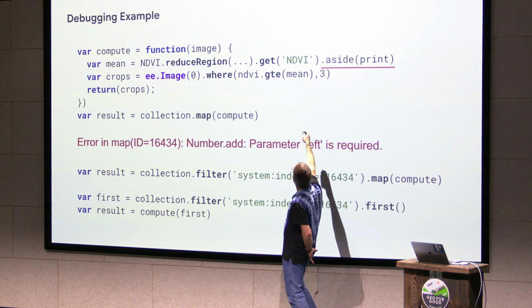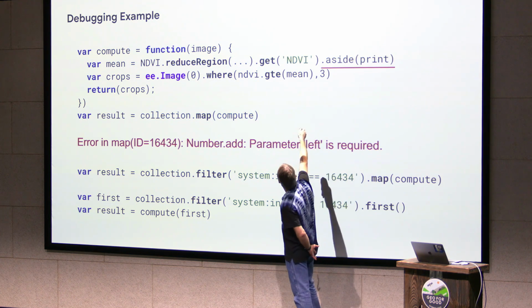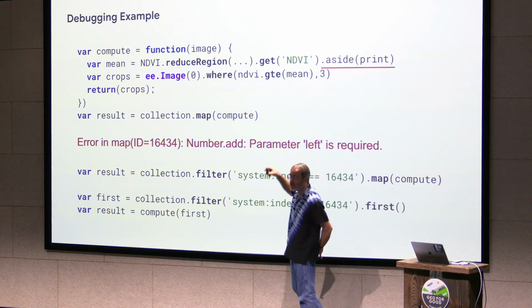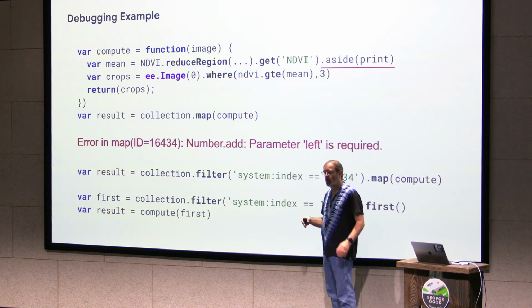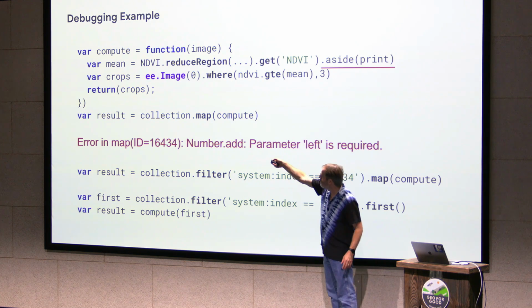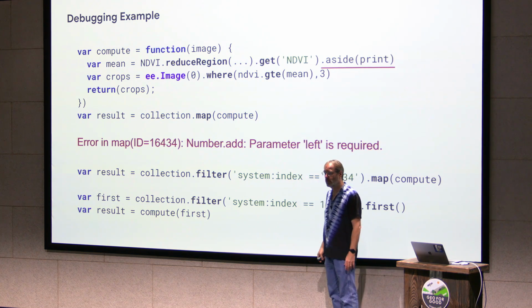The aside gets this thing, whatever this get is going to be, prints it and returns it. And so it goes back into the mean variable over there. So if you still map it, it'll say you can't use a print. Okay, nice. That's really cool.